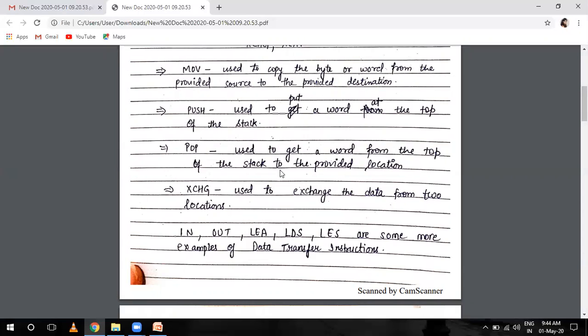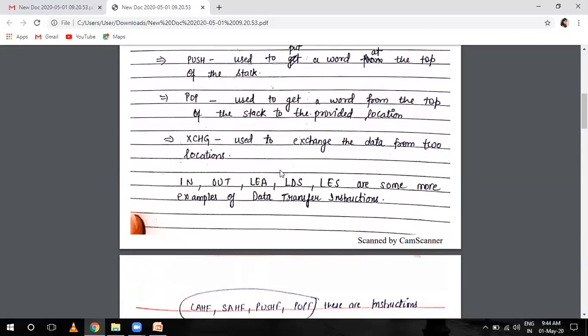Next, more examples of data transfer instructions: LEA, which means load effective address; LDS, load DS register; and LES, load ES register, along with other provided registers from memory.